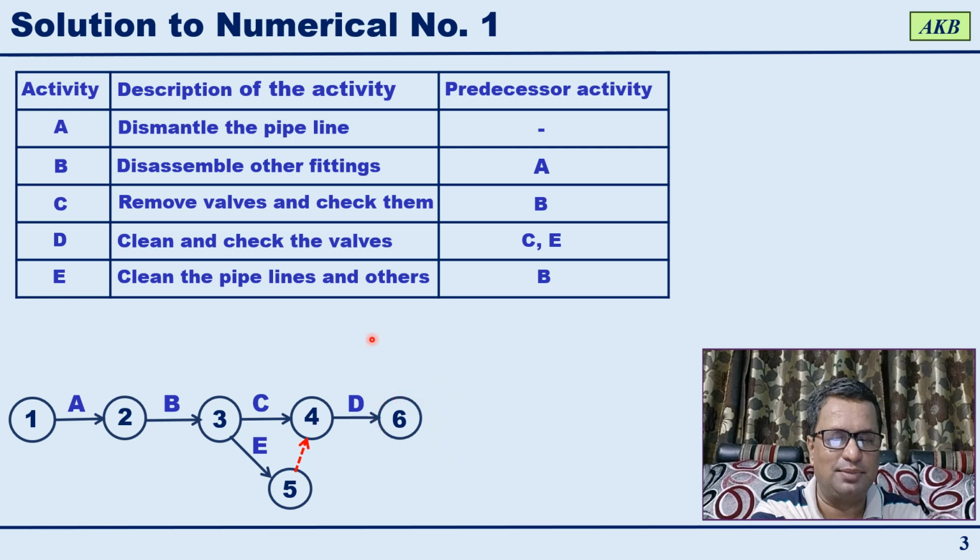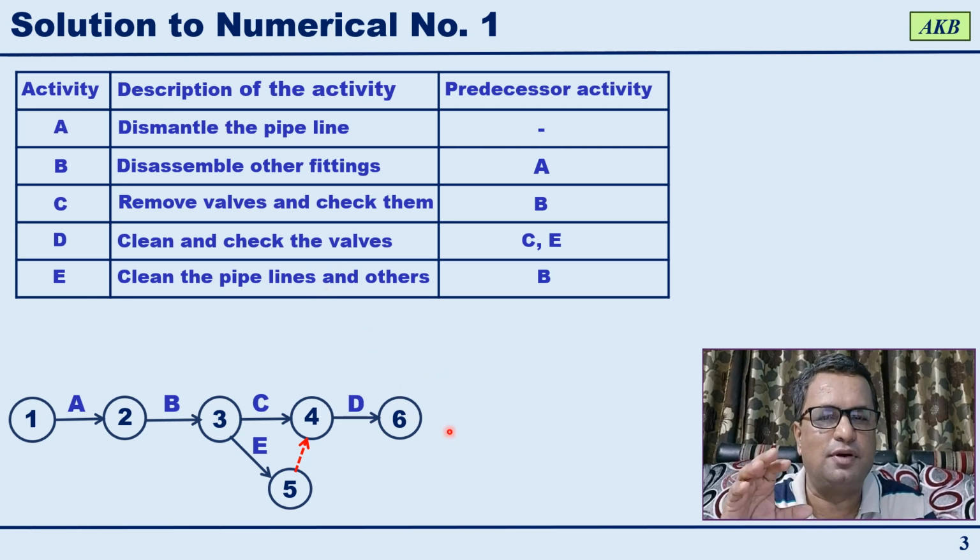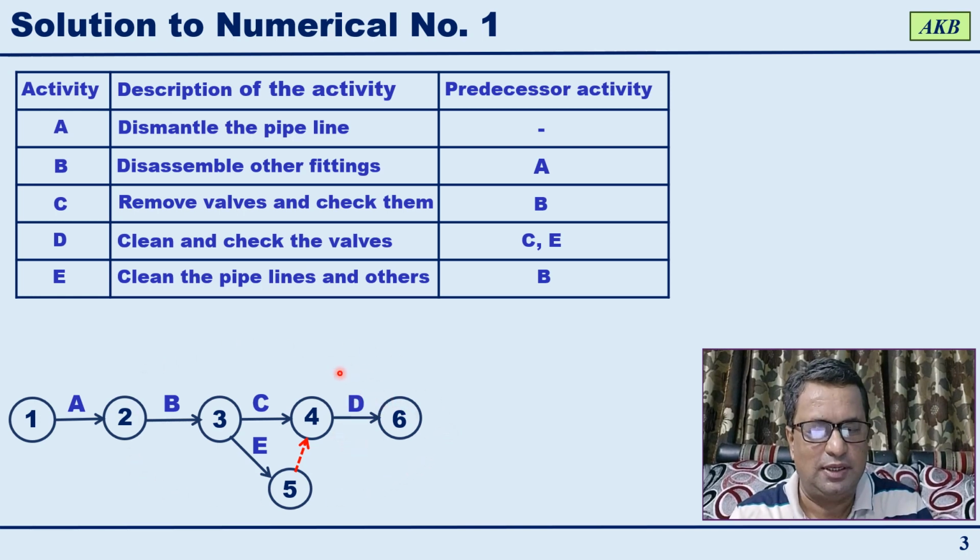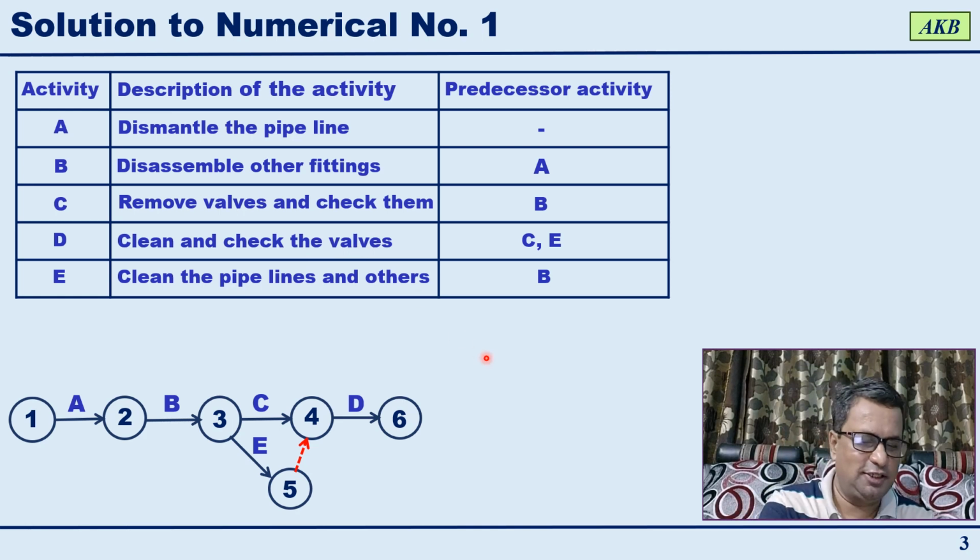Okay, so is that clear to you? So here we have to make use of a dummy activity in order to preserve the logic of this network diagram. Once you use the dummy activity, you are able to show how D can start only after C and E are completed, as per the information available to us through this list of activities. Now let us move ahead.